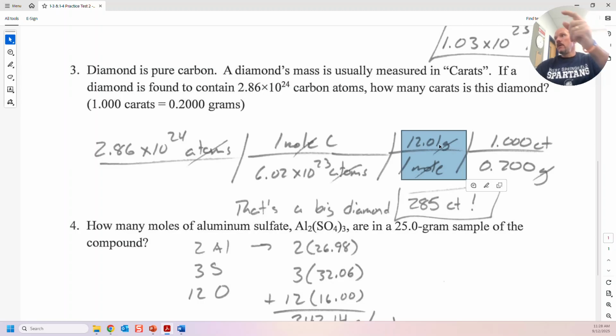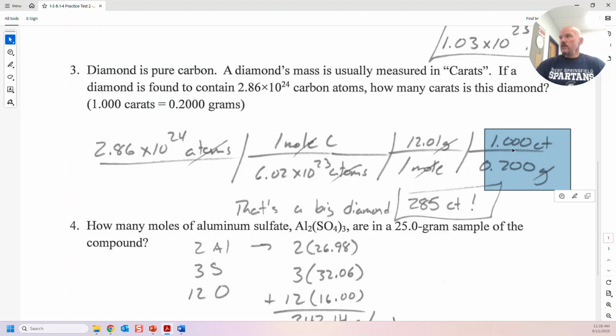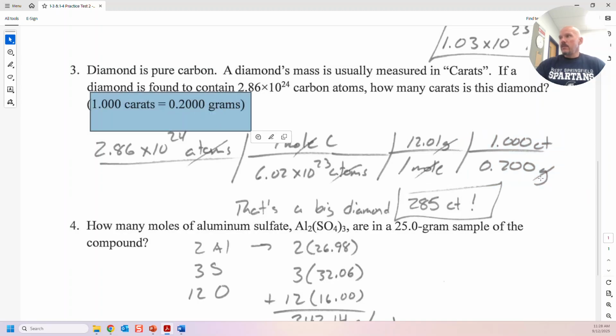We looked up carbon. The molar mass of carbon is 12.01. And that's that many grams for every 1 mole. So we're going to put the grams number on top and 1 mole on the bottom to cancel out moles and get to grams. And then we're going to use this ratio, which we get from this equality here. We would put grams on the bottom because that's what we want to cancel out. And we would put 1 carat on top.